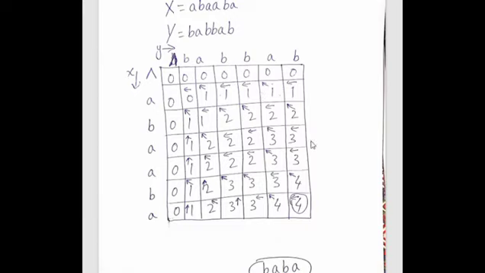The last value will tell us how many characters it will have. Here we found that we will have 4 characters in it, and afterwards when we calculated this longest common subsequence, yes, there were 4 characters in it, that is ABAB, right? So this is the longest common subsequence.